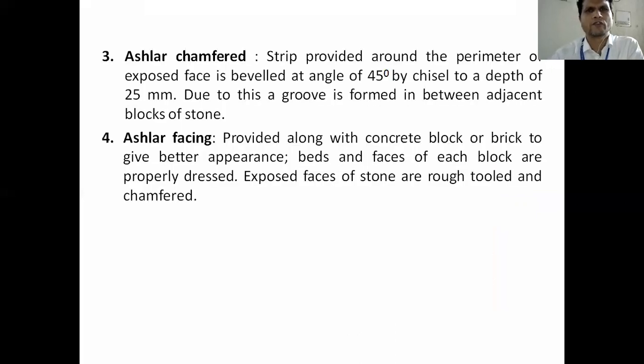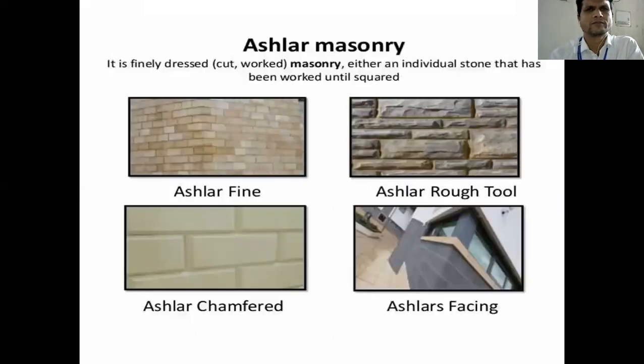Then ashlar chamfered. In ashlar chamfered, an angle of 45 degrees is chiseled to a depth of 25 mm. Due to this, a groove is formed and it gives a good appearance. Ashlar facing is used when proper facing is required, so proper dressing of stone is made.